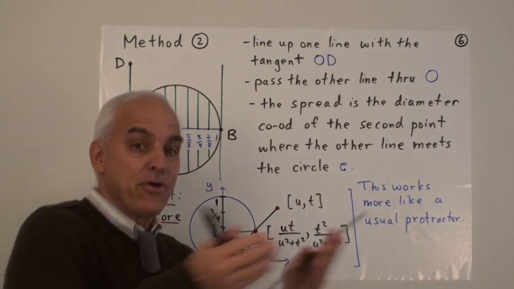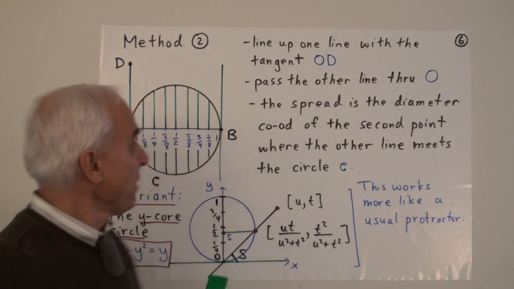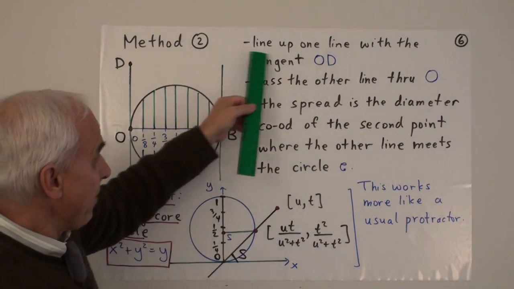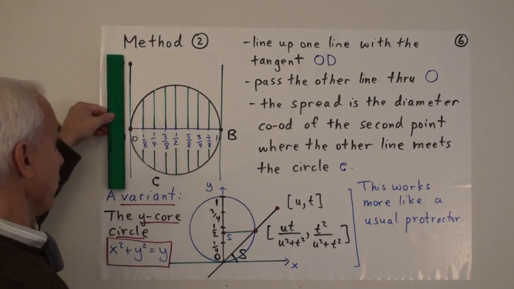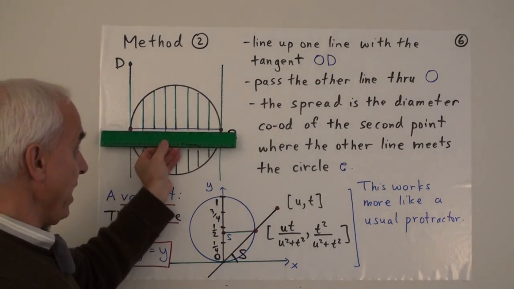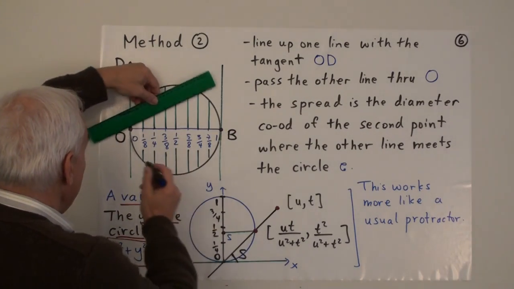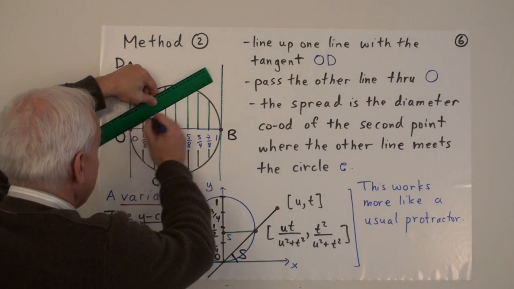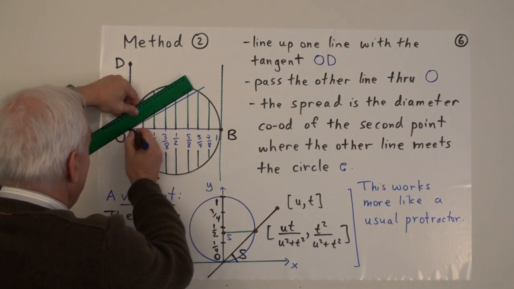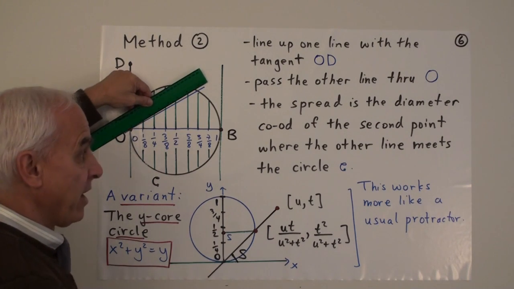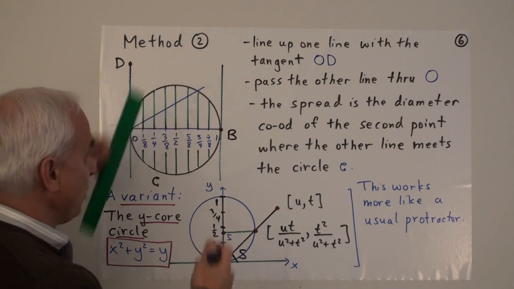So there's a second method. We could use the other formula that we derived to measure a spread. We could line up one of the lines with the tangent OD rather than the diameter, and pass the other line through O. So we could be in a situation where we have, say, two lines like this, one of them being that line, the other one being that line. Then we do the same thing.